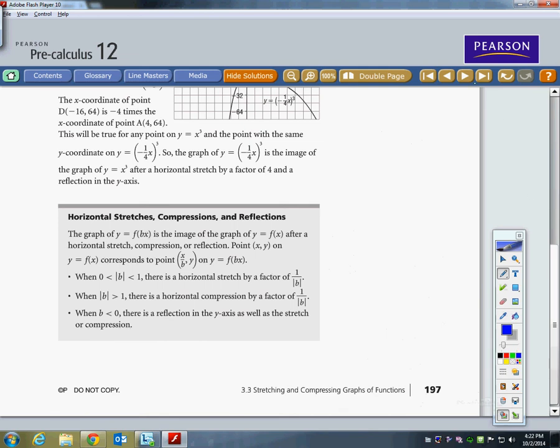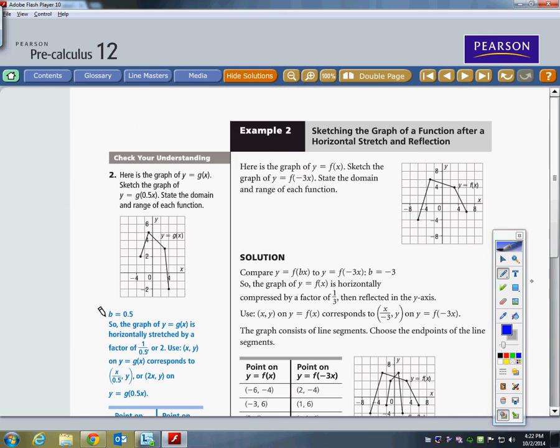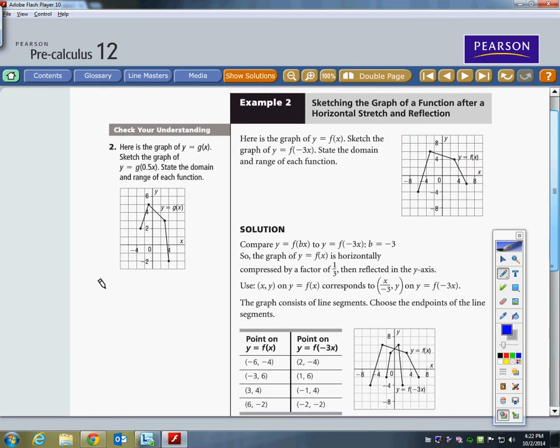Let's take a look at our next example over here. Okay, so in this example, you have an f of x, and now our b value is going to be equal to -3. Here they state it, b is equal to -3.